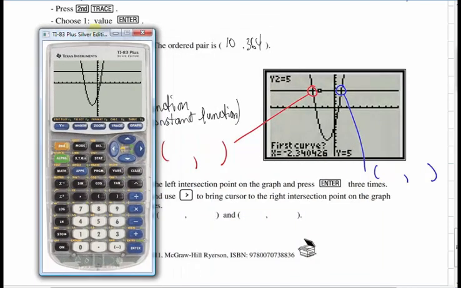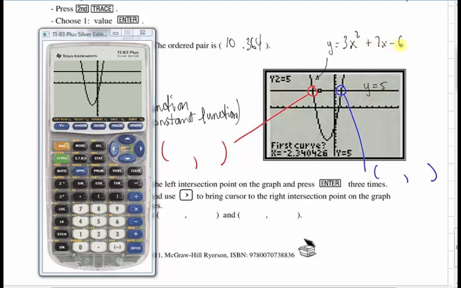Okay, so if we go to our diagram here, this line right here is y equals 5, and your parabola, of course, is y equals 3x squared plus 7x minus 6.